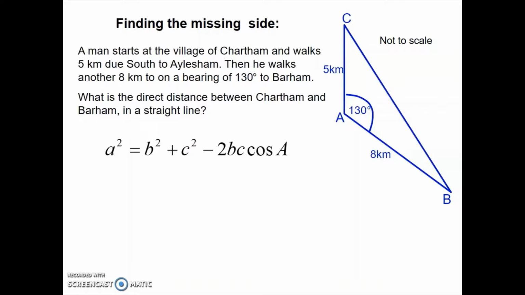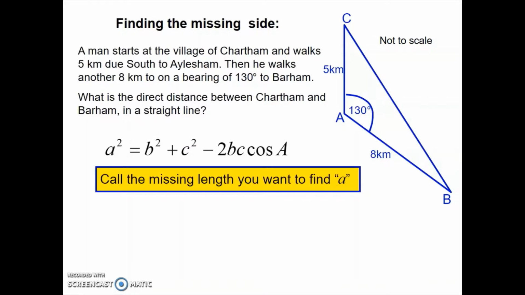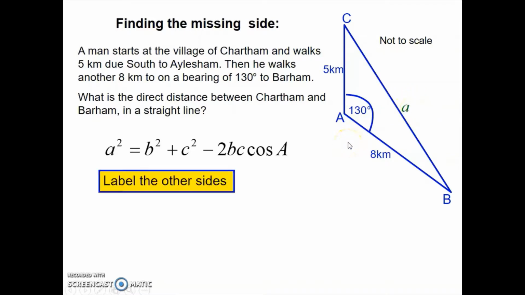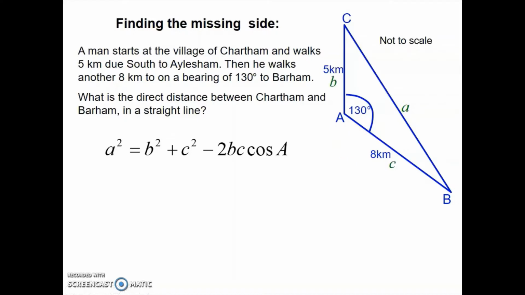We're going to finish off labeling up. And you can see that little a, the value we're trying to find, already lands where we want it to land. Little b and little c as so. Then we're going to substitute our values into the cosine rule.